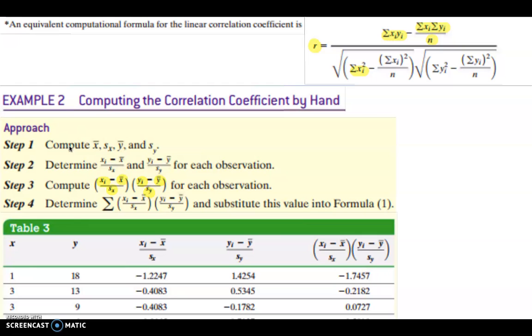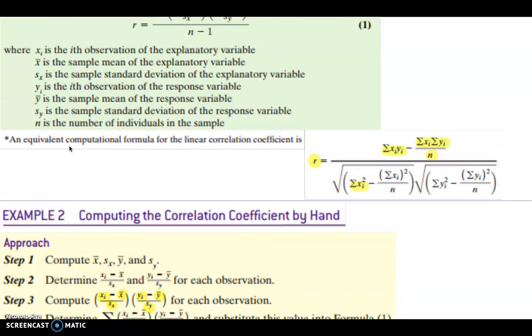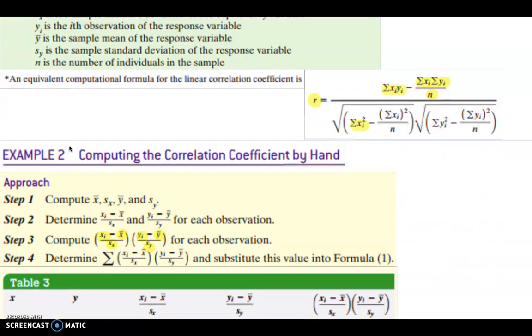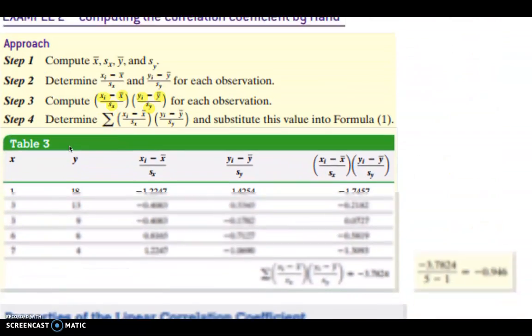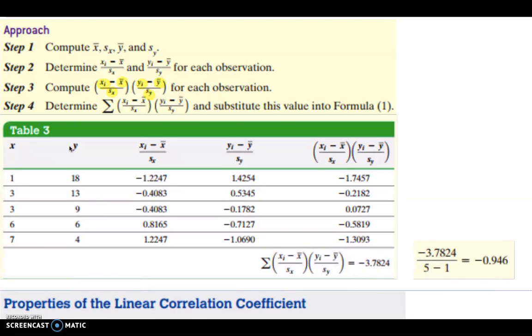Determine the sum and substitute. If you were using Formula 1, you'd substitute into Formula 1, and you'd get this big old grizzly thing. Again, we are going to be using technology to find it, but just so you know where it's coming from, how it's found, that is beyond the scope of what we're trying to do in this class.